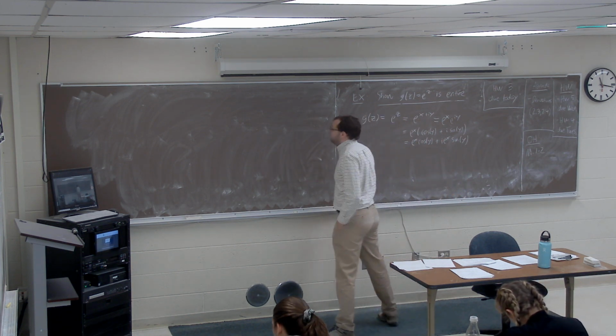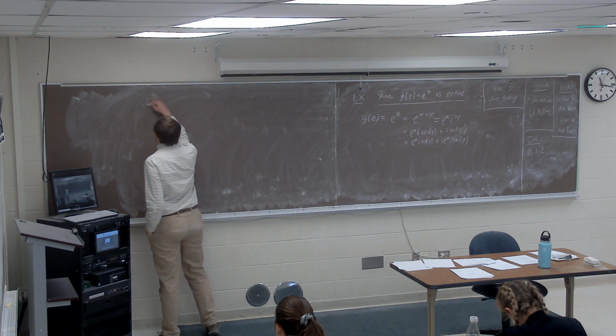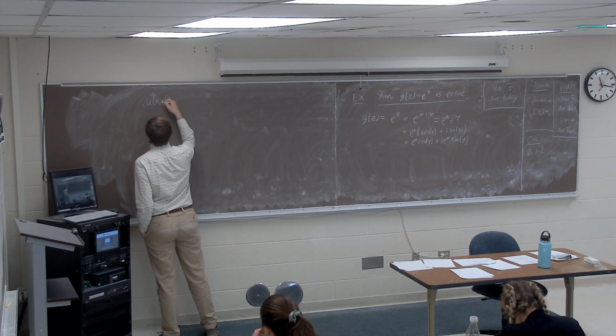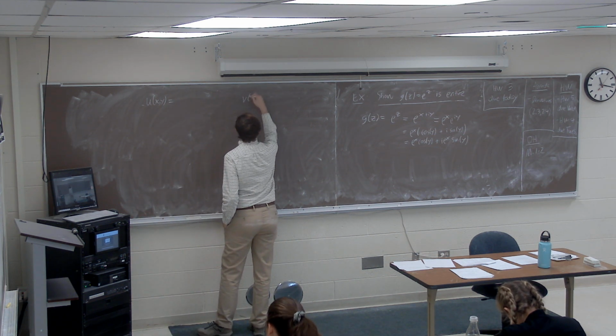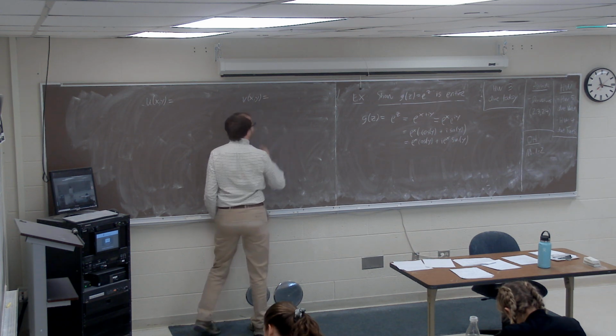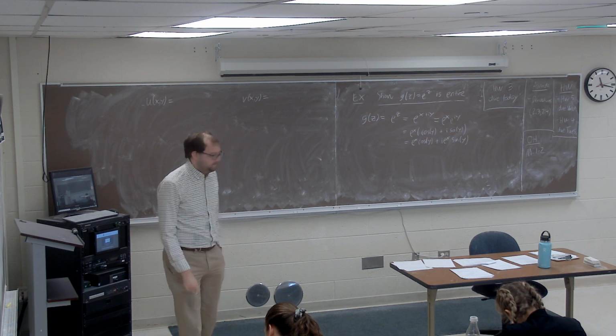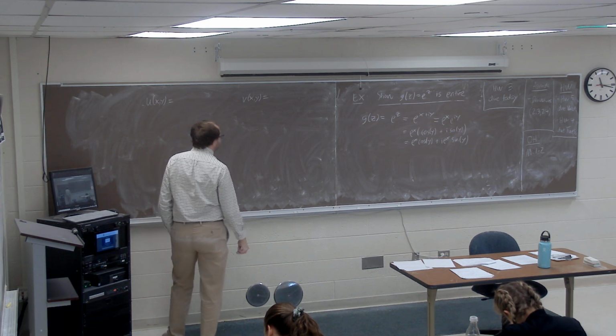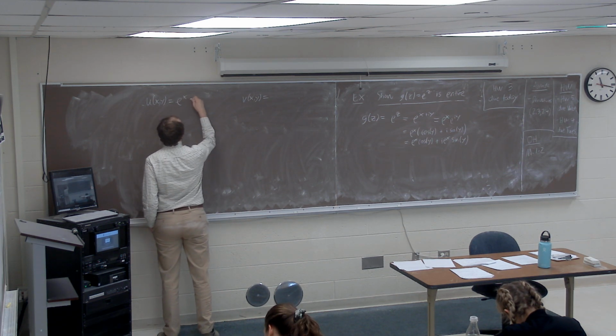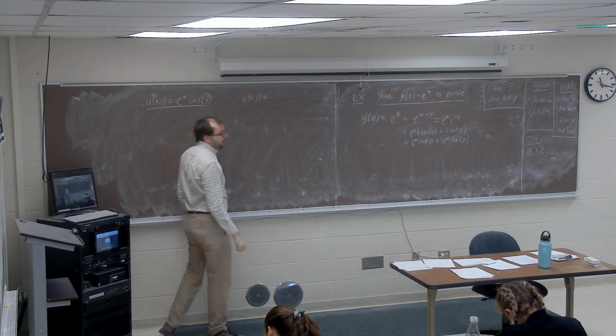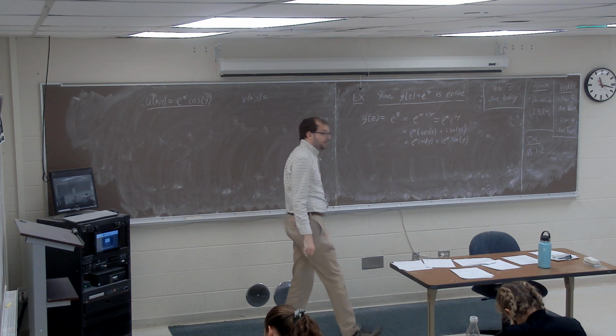So with that in mind, what's our u of x y and what's our v of x y? Ginger, what's our u of x y? e to the x cosine y. And Gary, how about our v of x y?